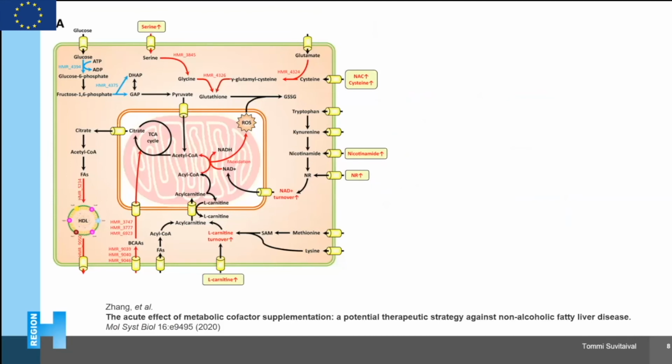Like the results first were based on data, but then when the authors knew what is wrong in the network, they did a simulation study: how can we fix the network? So let's fix the roads in a way that there's better flow through the network. And they took some key metabolites of the network, a handful of those, and simulated if we bring more of that into the cells, could that fix fatty liver disease?